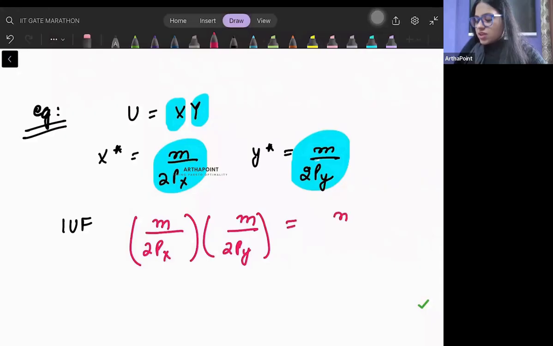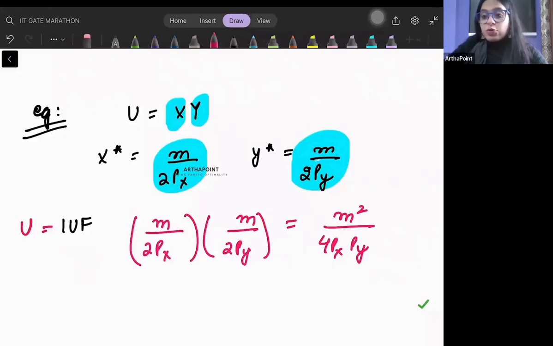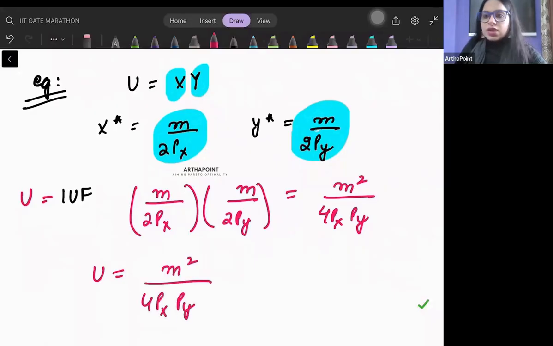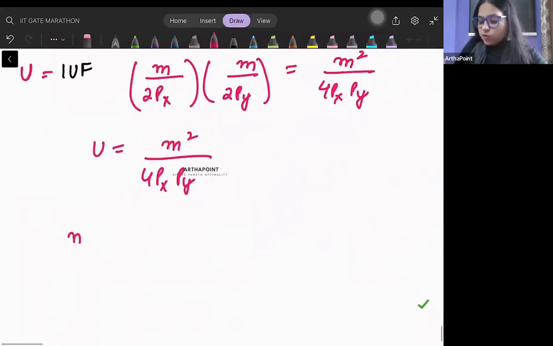So this will come out as m square by 4px py. This is my utility, the maximum utility possible. Now, I can go ahead and take m on one side and everything else on the other side. So if I find out the value of m from here, what will I get?